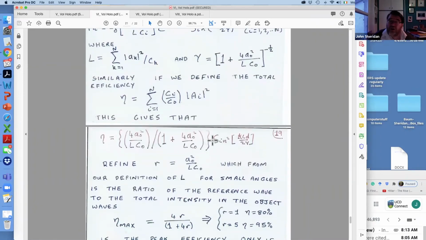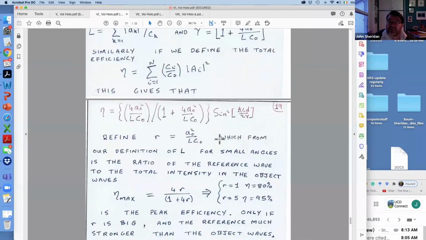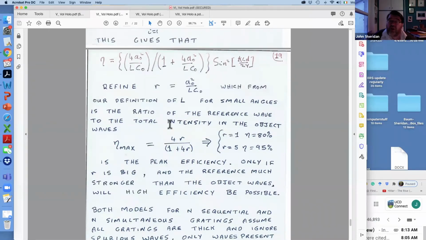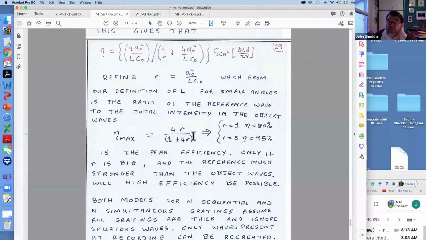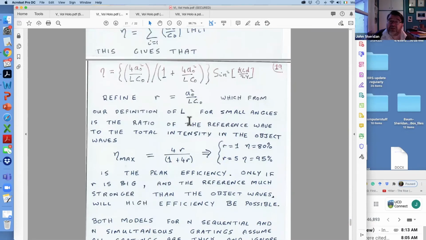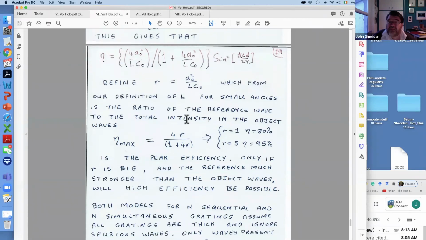You ignore cross terms between the weaker beams, and you can actually come up with analytic expressions which will give you a feeling for the practical maximum diffraction efficiency you can achieve in these very complicated situations, which would correspond to actual recording of real-world fields. And you can show that the total intensity of the object will vary depending on your assumptions regarding the number of gratings, the relative intensities of the beams and the angles at which the beams come in.